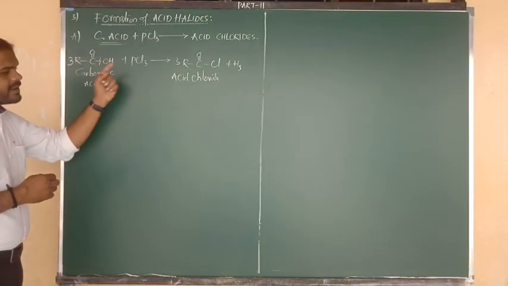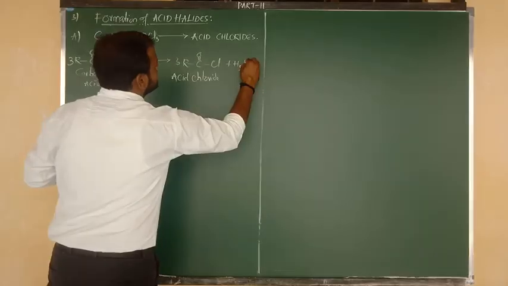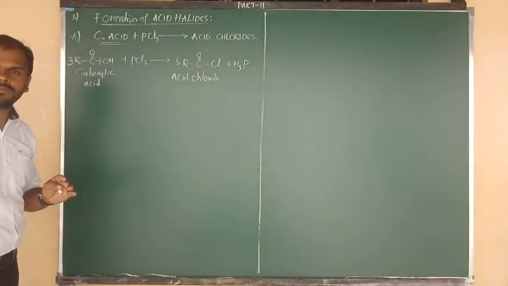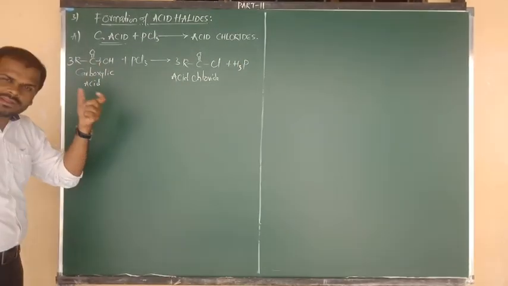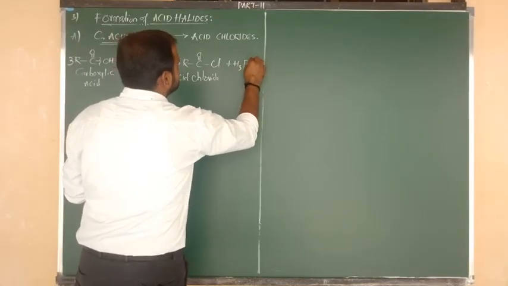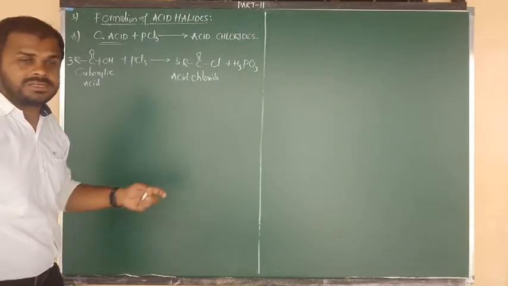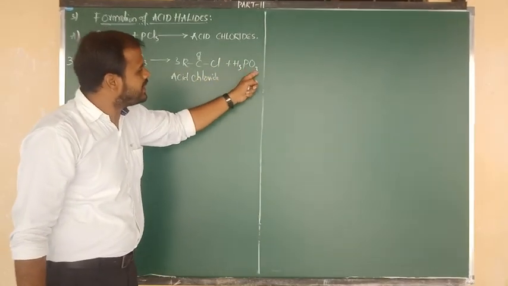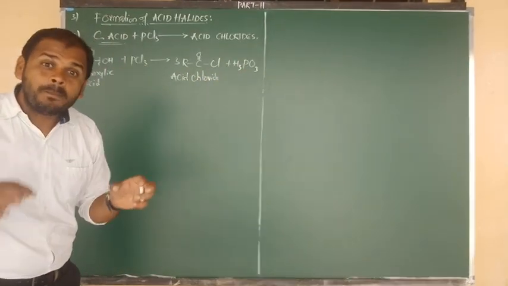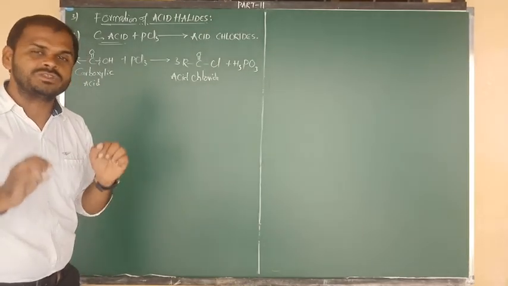Here one phosphorus atom is there, so I write P. The number of oxygens is 3, in the form of OH, so I write O3. So your byproduct is H3PO3, phosphorus acid.